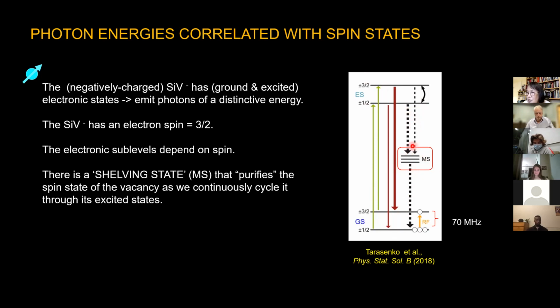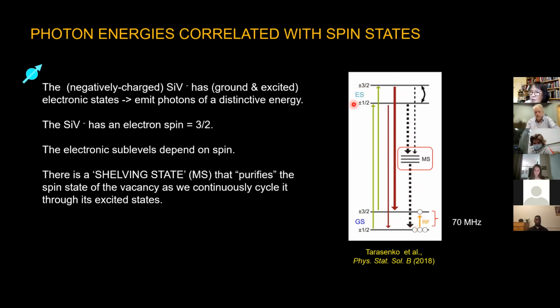This metastable state has a higher transition rate from the excited plus or minus 1/2 compared to the plus or minus 3/2. So this metastable or shelving state takes those electrons that I pump up to the plus or minus 1/2 state out of circulation. It holds those electrons, and then the final return to ground state is a dark transition.